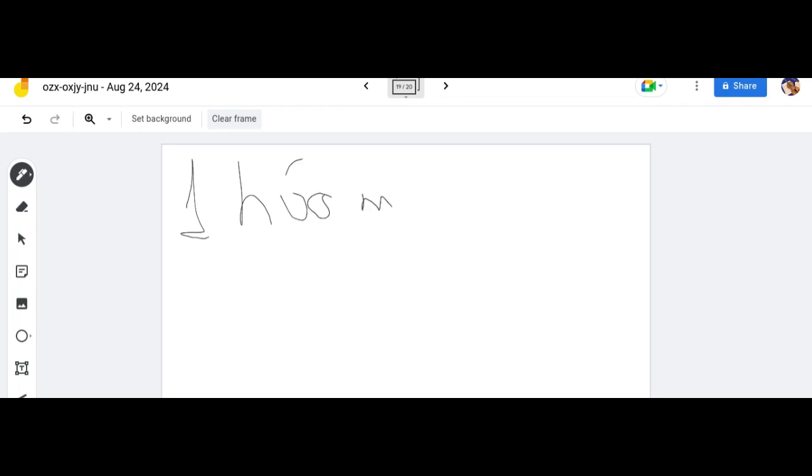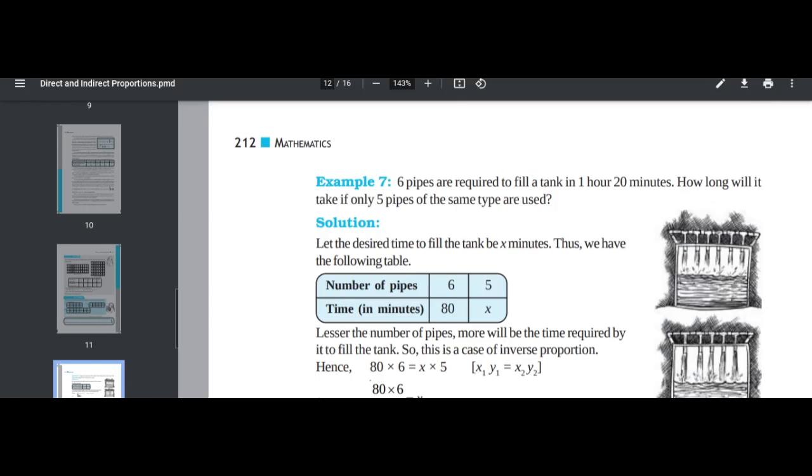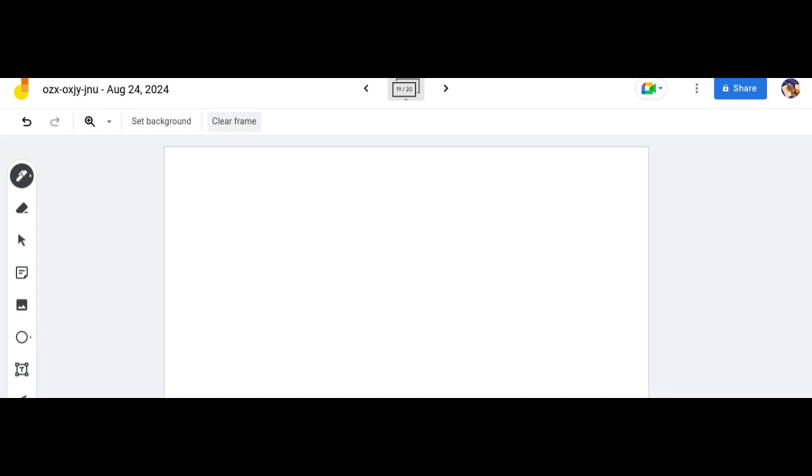I need to take the answer in minutes, so I have to convert this 1 hour. 1 hour is equal to 60 minutes, so 60 plus 20 gives 80. That is 20 minutes, not 30.